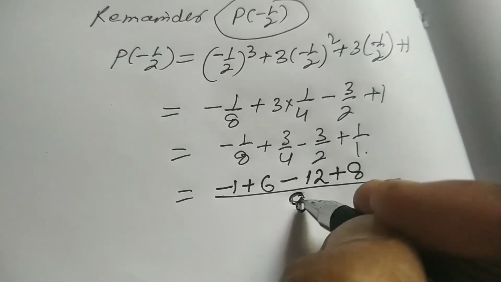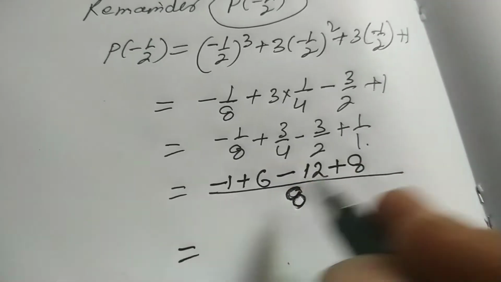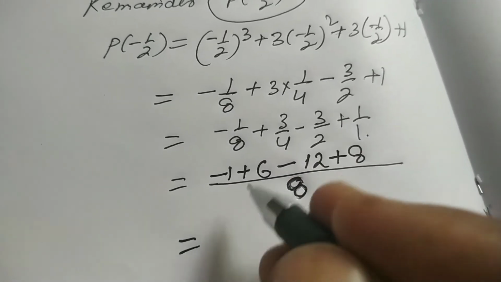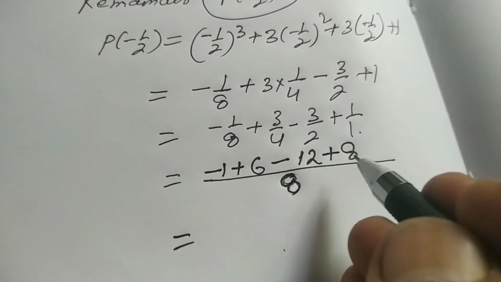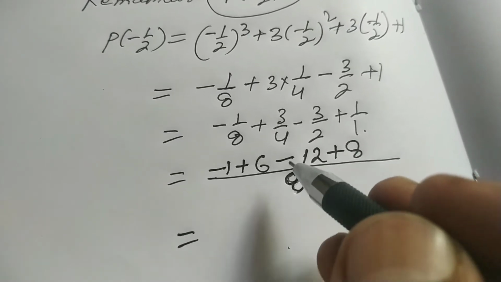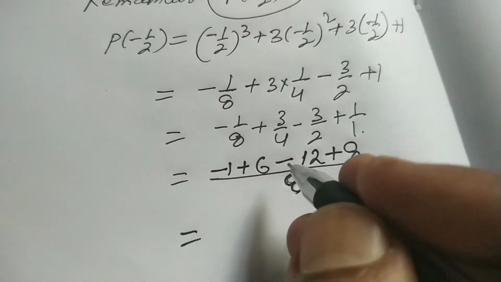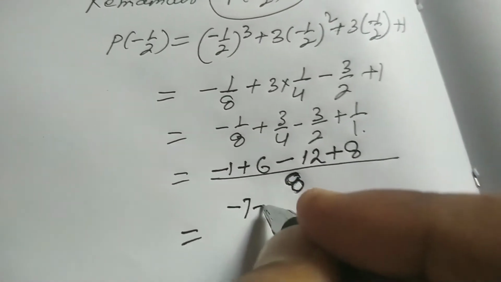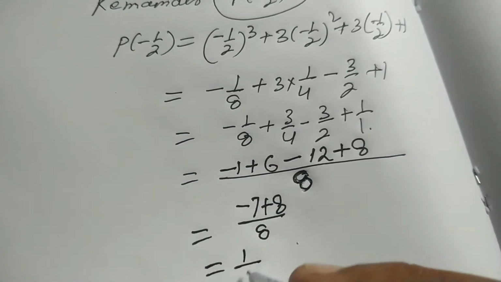We cannot cancel out this 8, right? If 8 is common on all terms, then we can cancel out only 8. So this is minus 1 plus 6 minus 12 plus 8, divided by 8, is equal to 1 by 8.